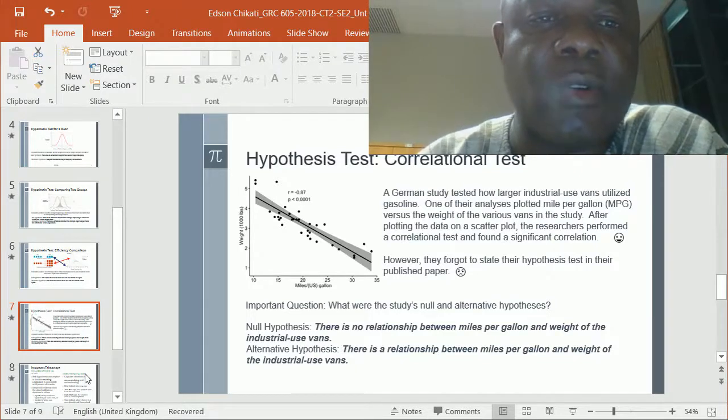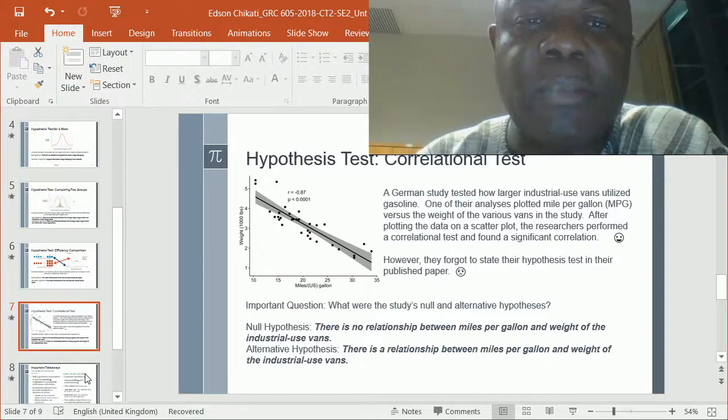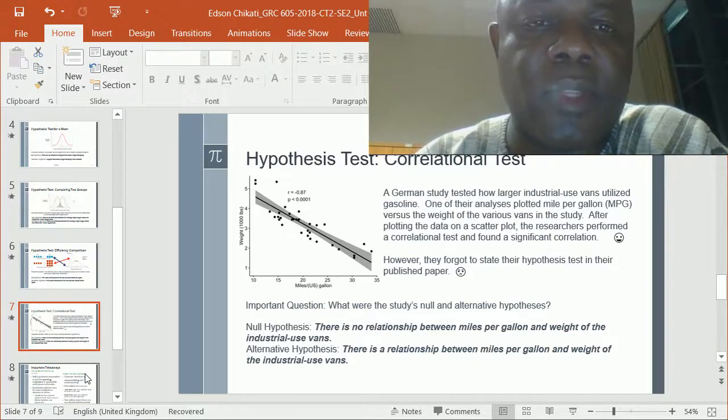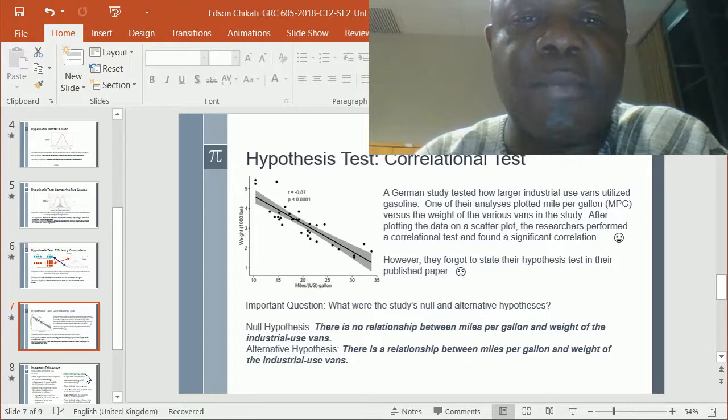From this scenario, my null hypothesis reads, there is no relationship between miles per gallon and the weight of industrial use vans. Conversely, the alternative hypothesis reads as follows. There is a relationship between miles per gallon and the weight of the industrial use vans.